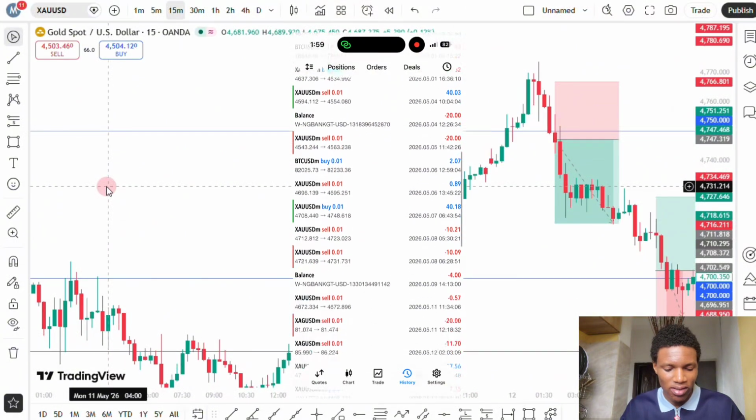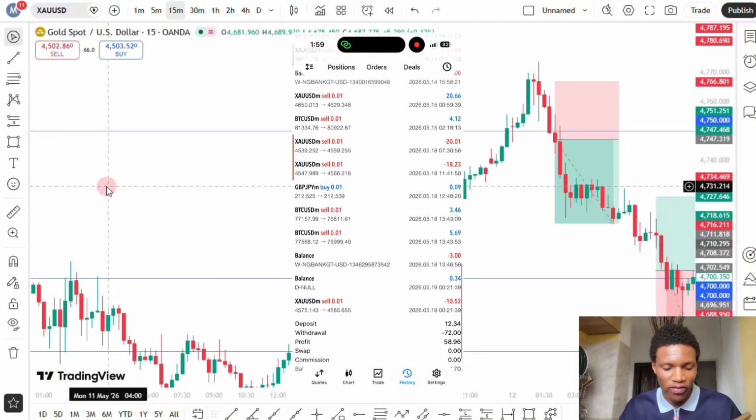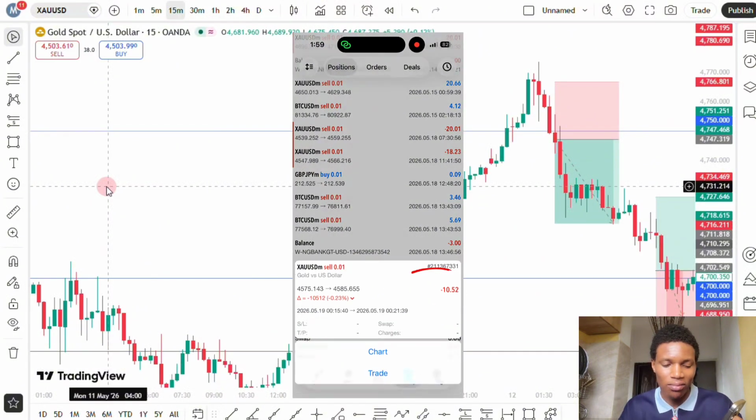So you can see this is my account. This is how I'm able to perform. You can see $70 with just $12. I withdrew about $70, $72, $58 in profit. This was the last trade I took that knocked me out on this account, whereby I had a margin call.